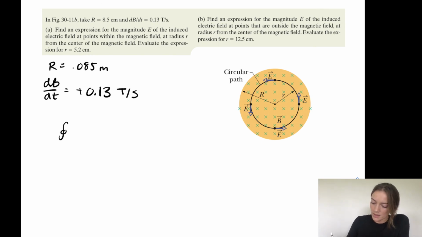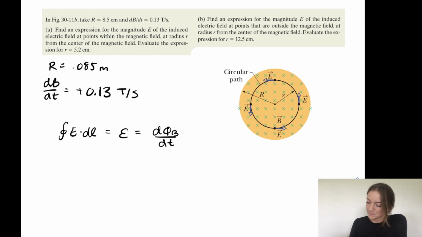So we're going to need this equation for an induced electric field. Remember, this is equal to the EMF, which is equal to the change in flux. And again, we're just looking for the magnitude, so I'm ignoring all my negative signs.